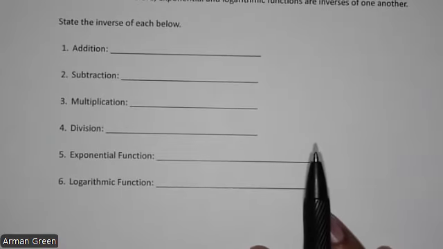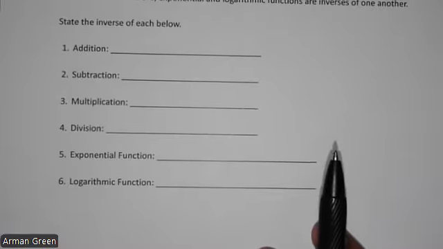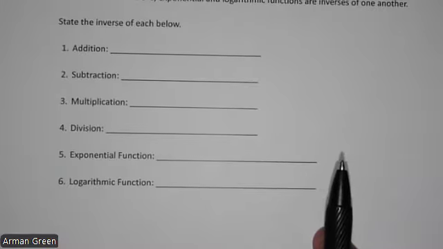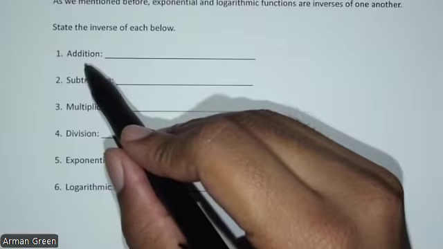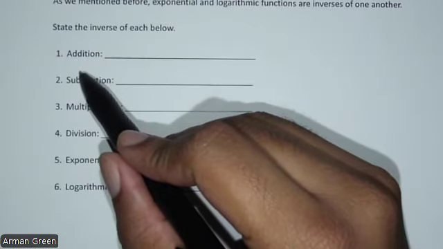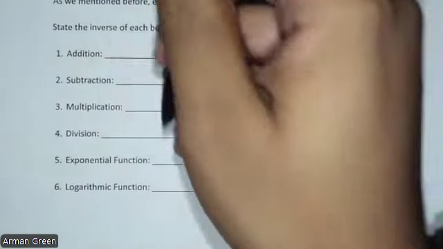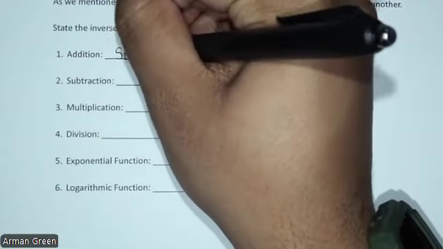But at the bottom, okay, now we're talking about inverses. Remember, inverses are opposites. So think about addition. If I were to ask what's the inverse of addition or what's the opposite, in that case, it would be subtraction.